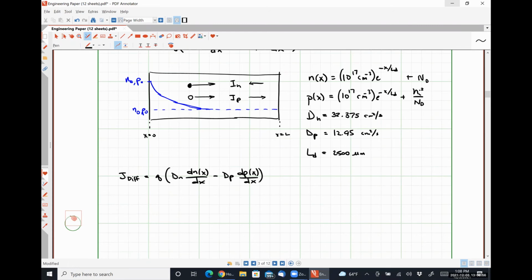Well, we know what Q is. dN and dP were given to us. Capital DN, capital DP are diffusivities for our charge carriers. So really the only bits of information that we're missing are our gradients, right? So how do I figure out what dn by dx is?